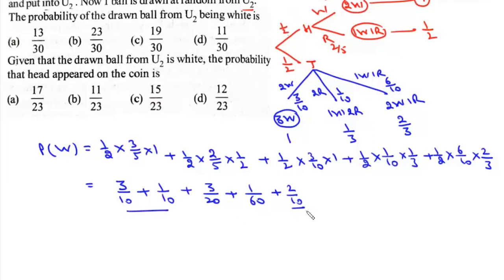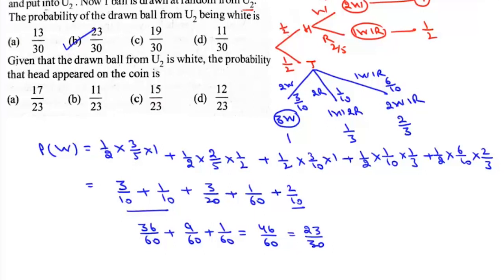Now this is 6 by 10, 36 by 60, 9 by 60 plus 1 by 60, which is 46 by 60. Now this is 23 by 30, and that's your option B.